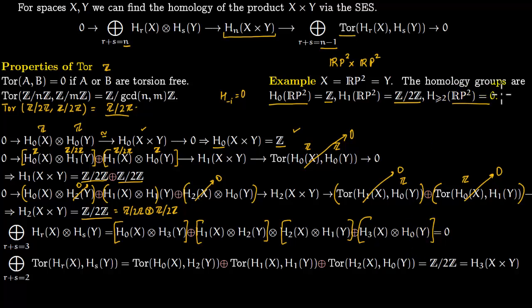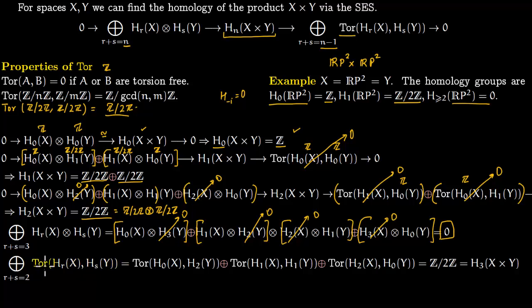But we know 2 and higher are all 0. So this is 0, this is 0, this is 0, this is 0. So everything becomes just 0. This is actually true for r plus s equal to 4, 5 and so on, and you can prove this via induction or directly using combinatorics.